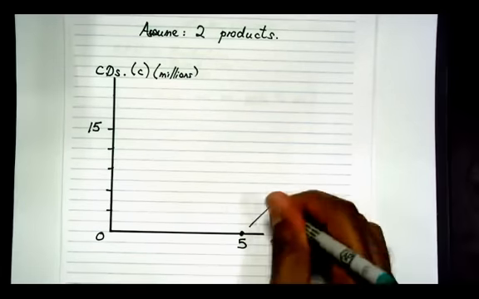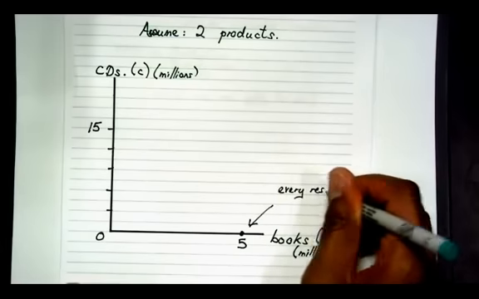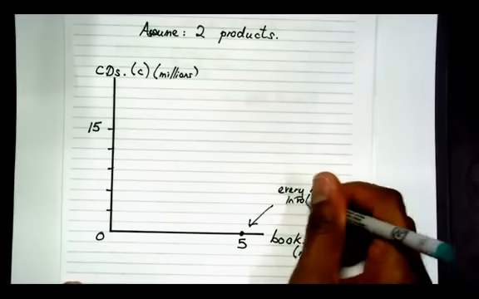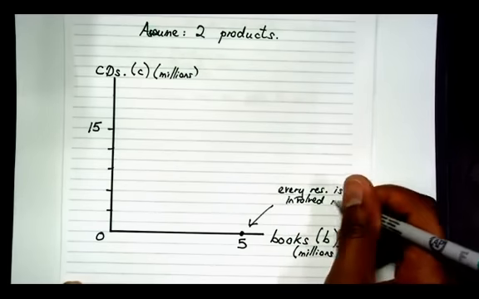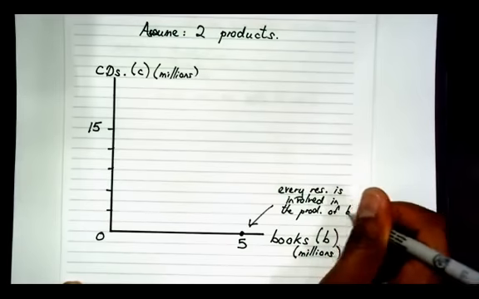What this point represents is every single resource in the economy is involved in the production of books. Every resource is involved in the production of books.